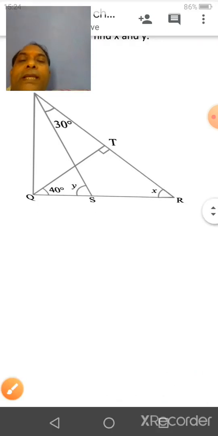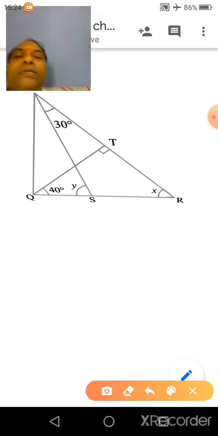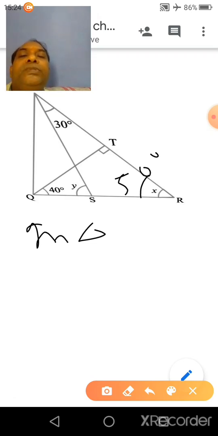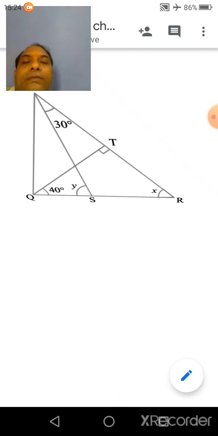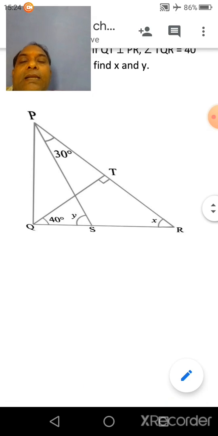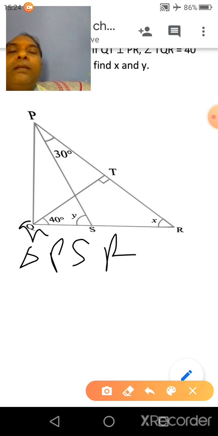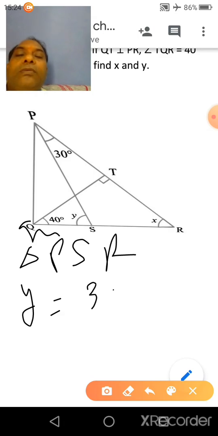So here x is equal to 50 degree. Now in triangle PSR, y will be equal to 30 degree plus angle x.